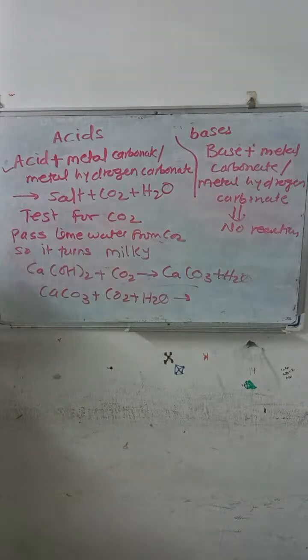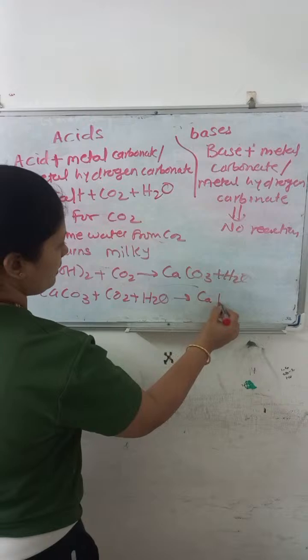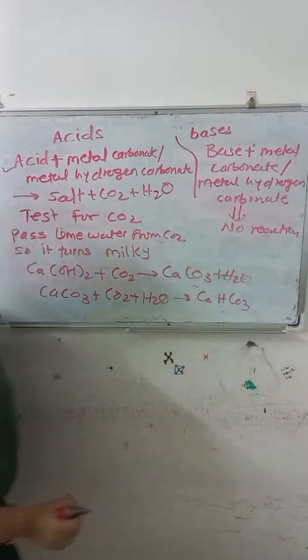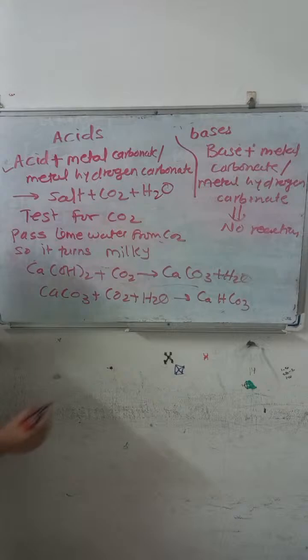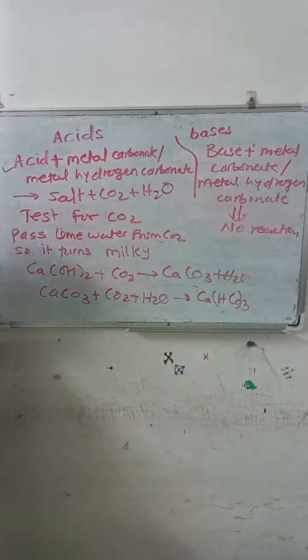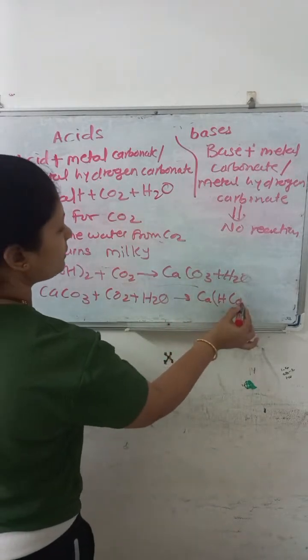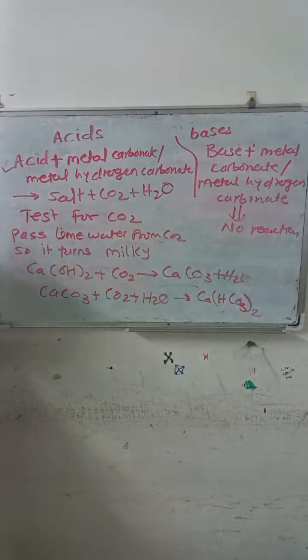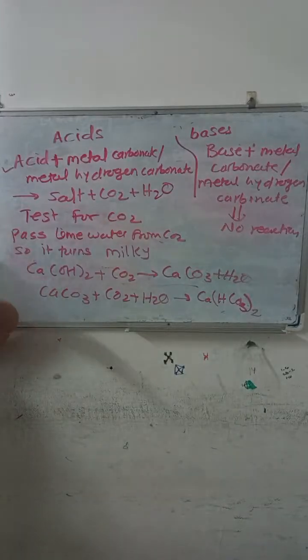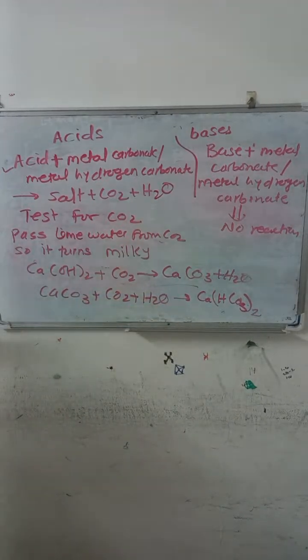Then a new product is formed, that is calcium hydrogen carbonate, Ca(HCO3)2. This is transparent in nature, not milky white. So if you pass more CO2, it turns to Ca(HCO3)2. This is the output we are getting.